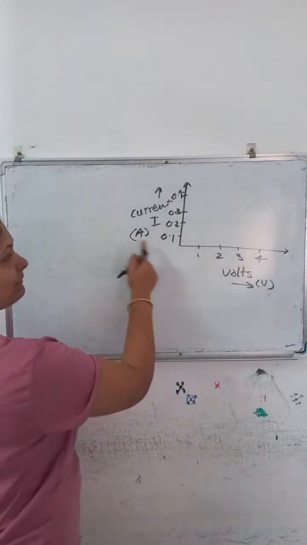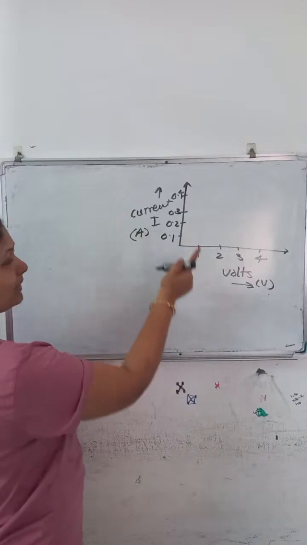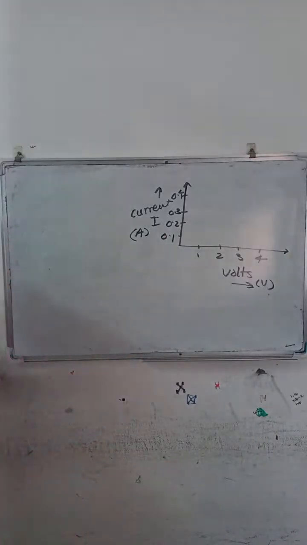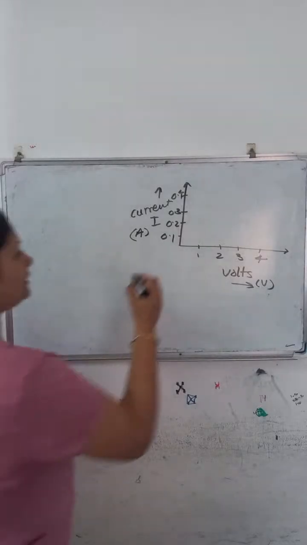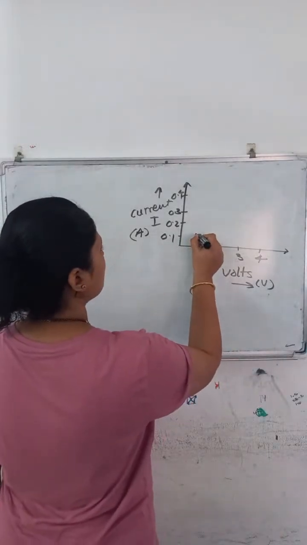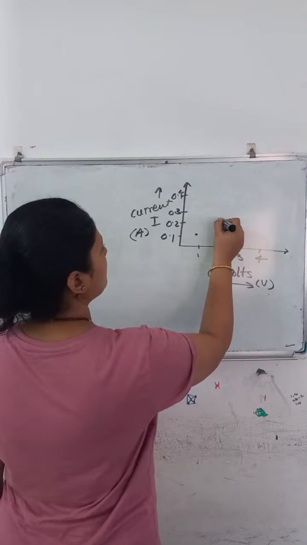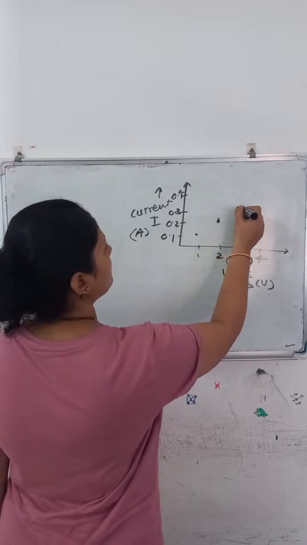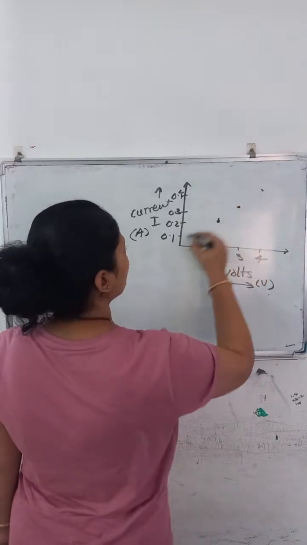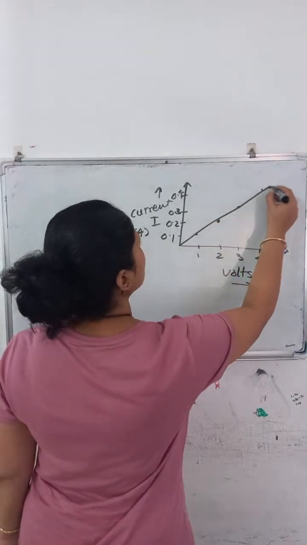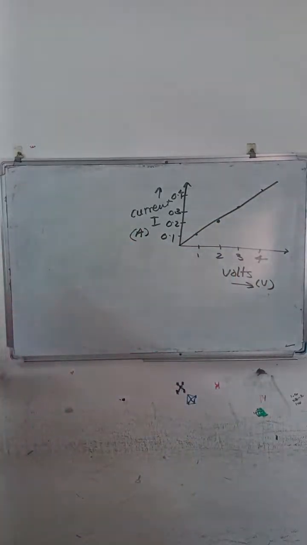Always check on the graph whether they are giving amperes or milliamperes, volts or millivolts. Then they drew the graph, something like this.